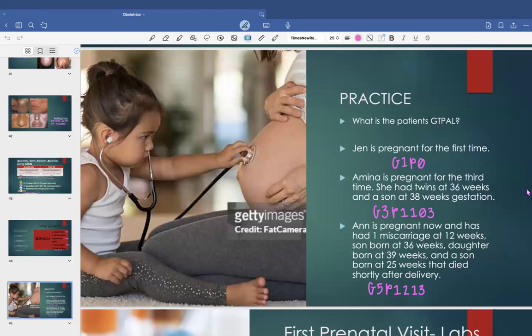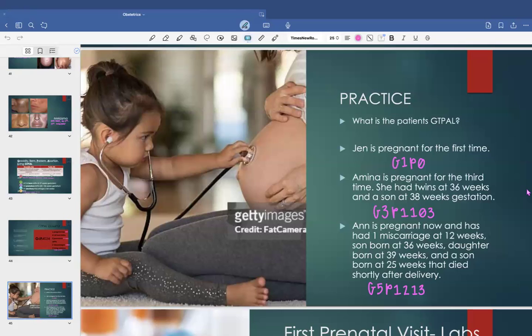Abortion or miscarriage, 1, because of the one she miscarried at 12 weeks. And then live births: the son born at 36 weeks, the daughter born at 39 weeks, and the son born at 25 weeks, even though he died shortly after. Questions? I know that was confusing.